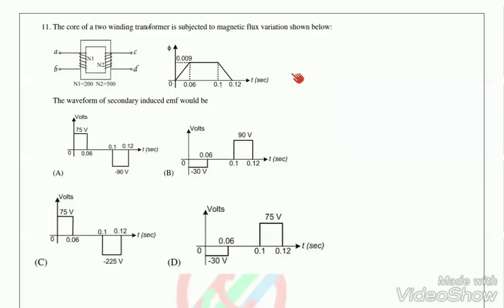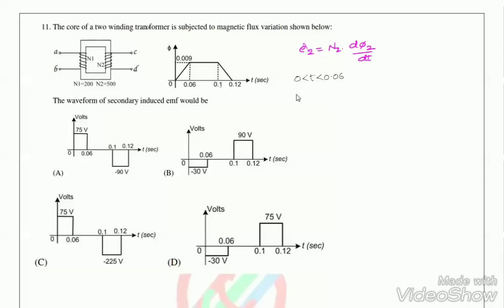So here what we need to find is the EMF. What is the relationship between EMF and flux? It is simply E2 is equal to N2 into d phi 2 divided by dt. First we will see the interval 0 less than t less than 0.06, and after that we will go for the second interval.